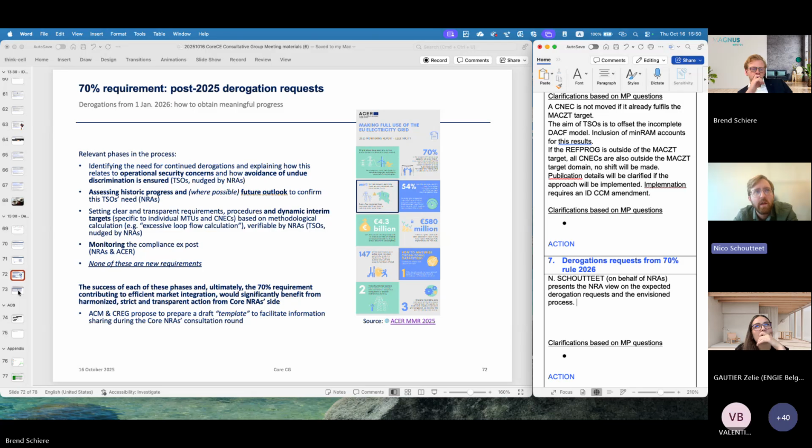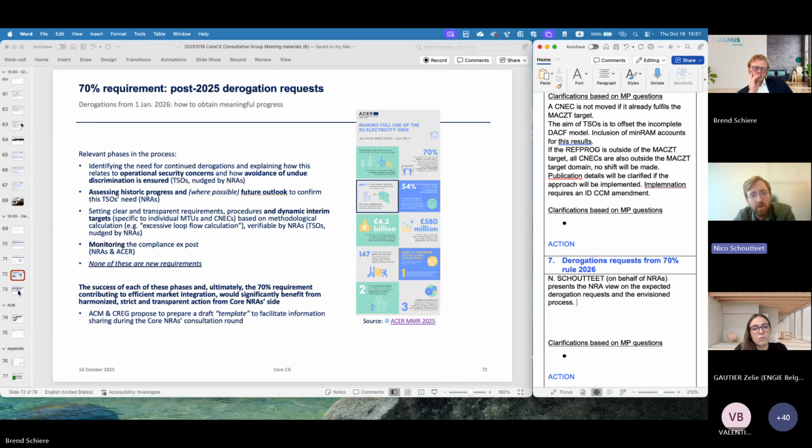We will explain to our colleague NRAs why we need derogations, what the actual operational security concerns are, how we avoid undue discrimination, what progress we have established in the past, how we consider that the derogation in the future is still the appropriate tool to tackle all the concerns, how we have a deterministic method to establish an interim or a dynamic interim target, how we can verify that, and how we will monitor the compliance ex post. All of these things we will make explicit in our communication to the other NRAs.